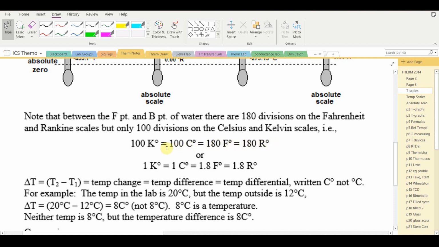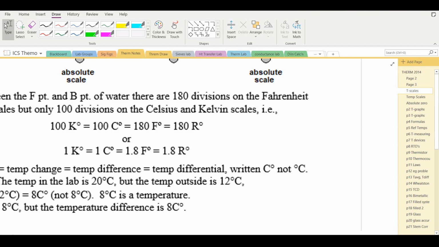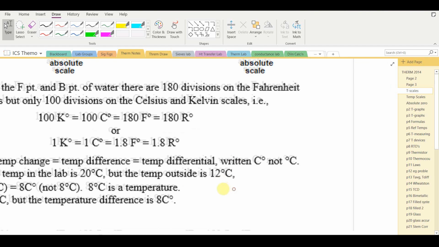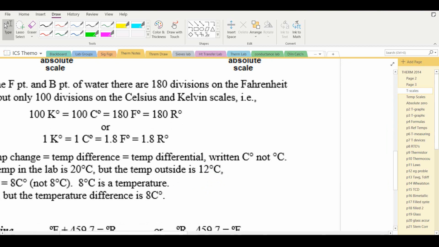Or I can write these dividing all terms by 100. I can say a 1 Kelvin degree temperature change is equivalent to a 1 Celsius degree temperature change, which is equivalent to a 1.8 Fahrenheit degree temperature change or 1.8 Rankine degree temperature change. It happens in calculations that we encounter a temperature differential.